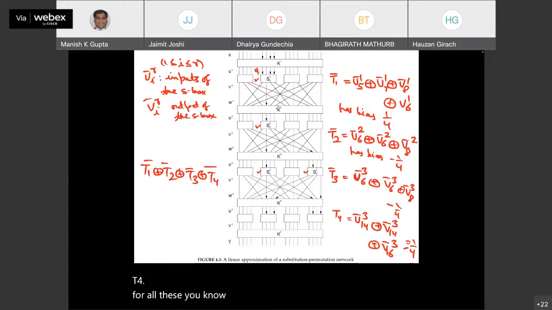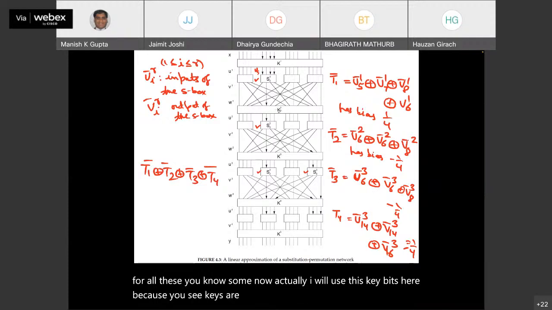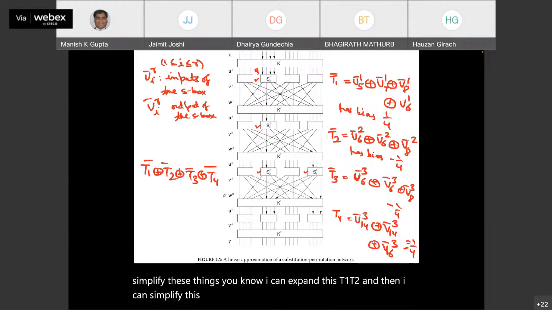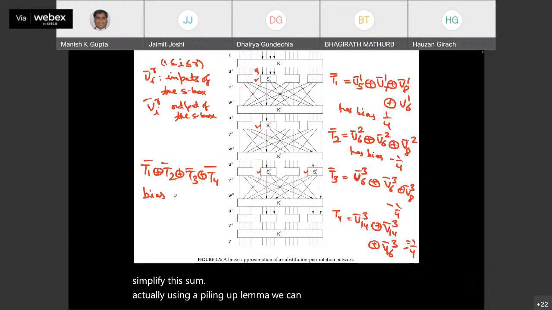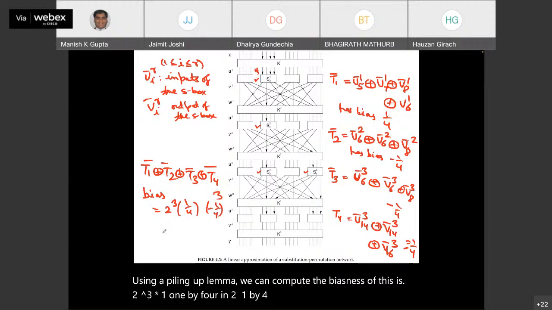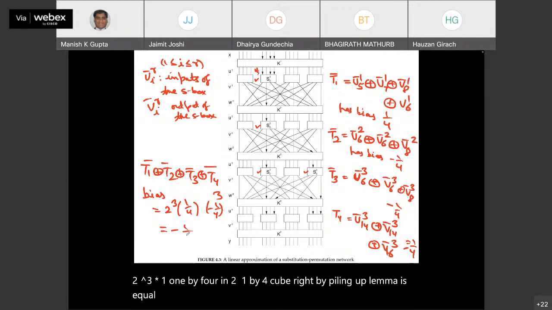Now I will use the key bits here, because you see keys are involved here: K1, K2, K3, K4, K5. So I can simplify these things. I can expand T1, T2, and then simplify this sum. Using the Piling-up Lemma, the bias is 2 cubed times 1/4 times (minus 1/4) cubed, which is equal to minus 1/32.